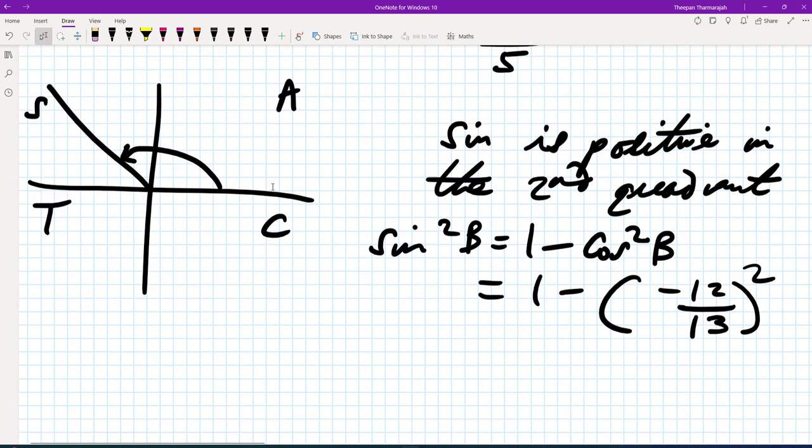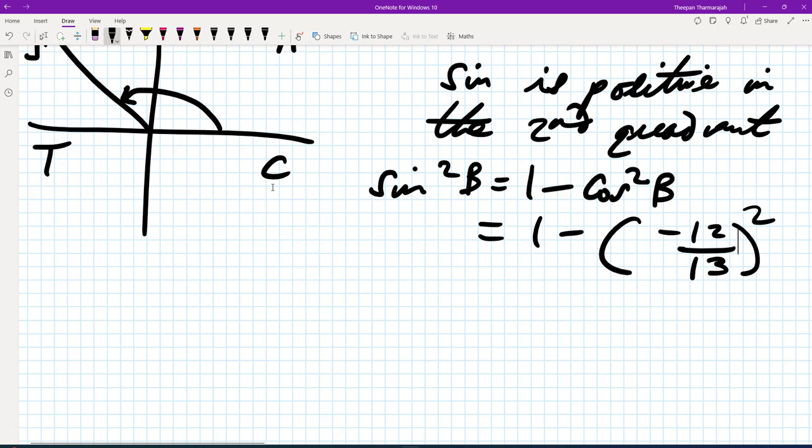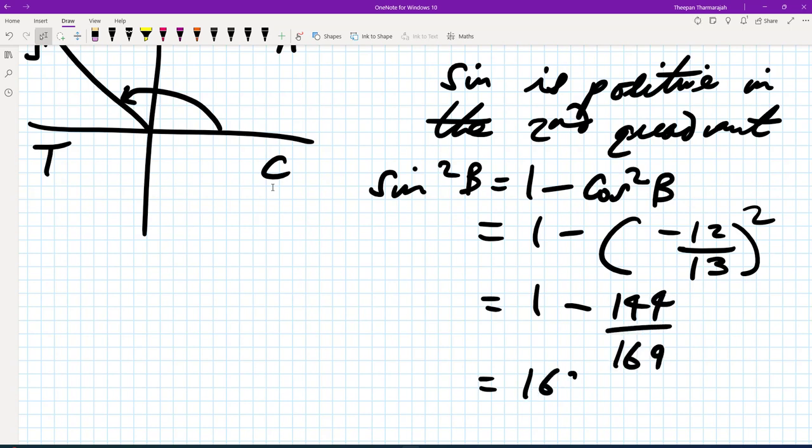So that's going to give me 1 minus 144 over 169, which is the same thing as 169 over 169 minus 144 over 169.